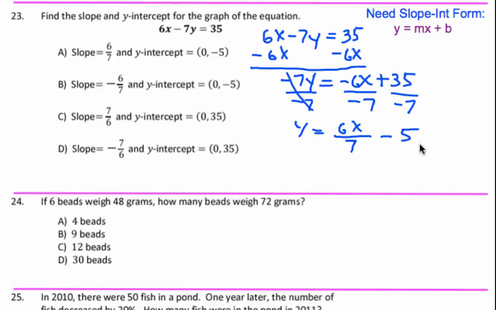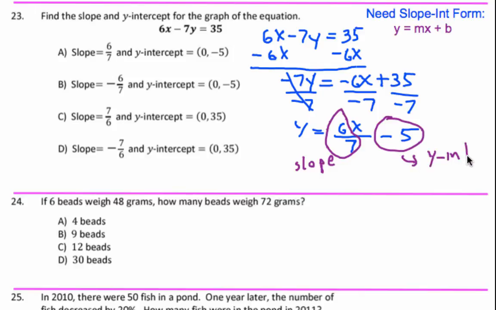And so the slope is 6/7, and negative 5 is the y-intercept.